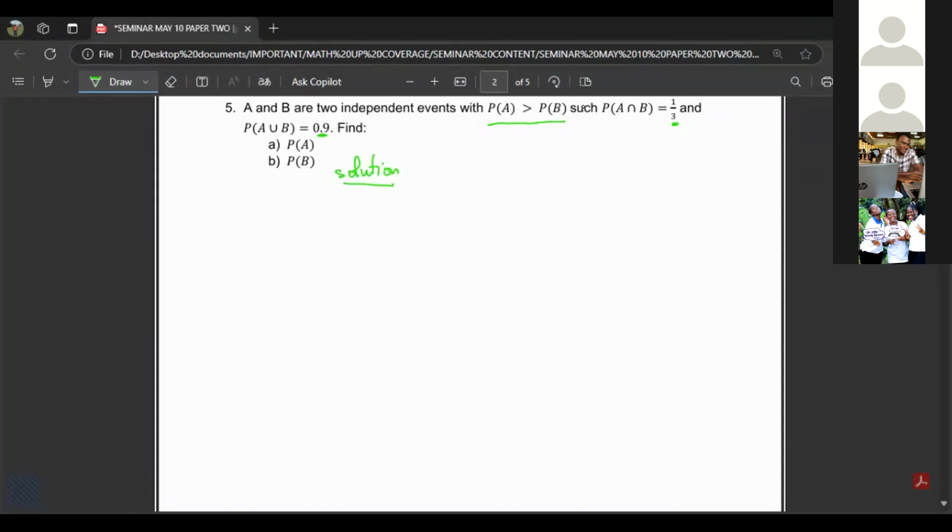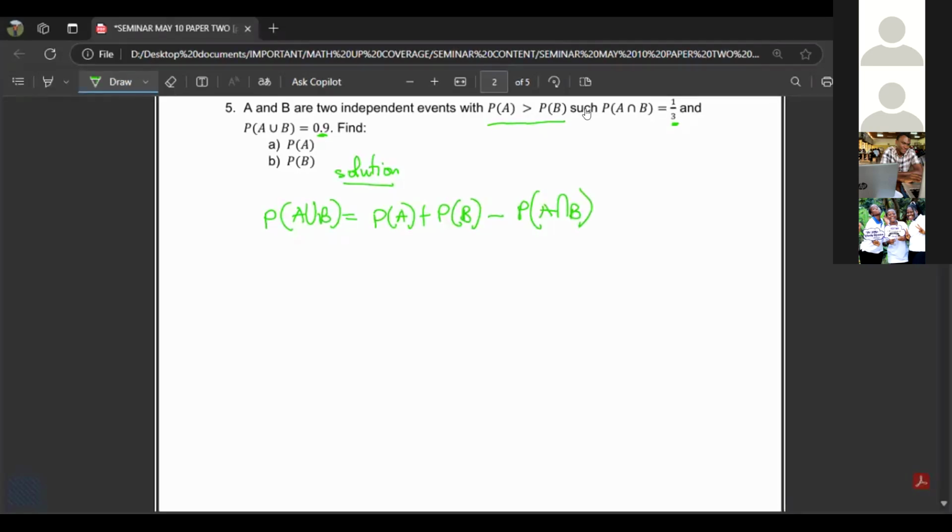But then we know how all these probabilities are related, especially the ones they're asking for. For the union and the intersection, we know that the probability of A union B is equal to the probability of A plus the probability of B minus the probability of A intersection B, just as the first presenter explained.